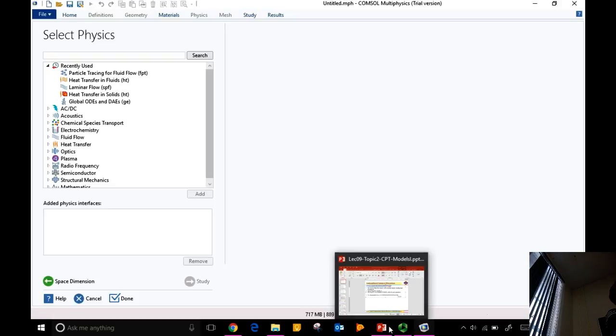Think about it carefully. Just near the sphere, will there be a theta component? No, there will be no theta component. That's a very, very refined answer to that question.